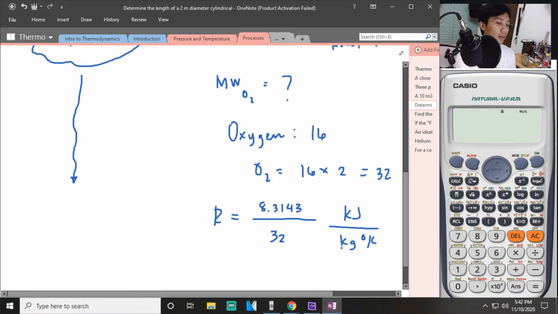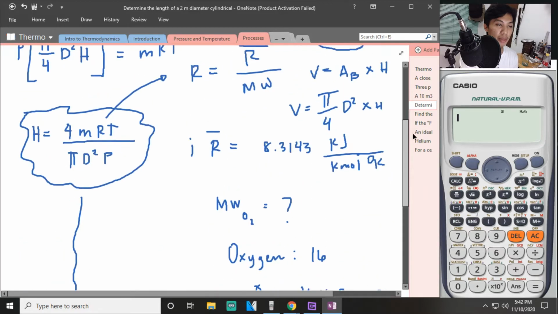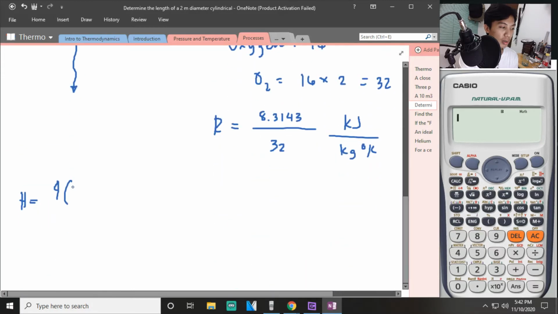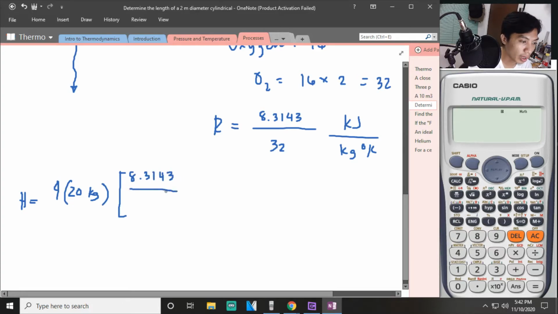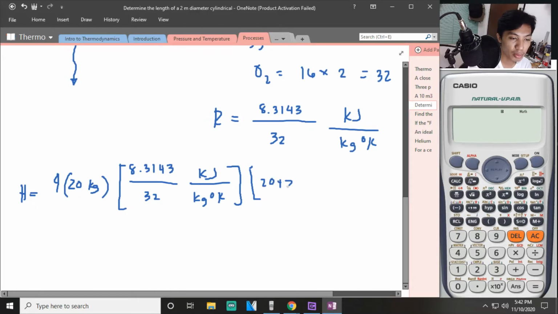Idiretso mo na kagad. Ganito. So, ito na yan ha. H is equal to 4. Ano ba yung M mo? Maximum 20 kilograms. MR. Ang R mo is 8.3143 over 32 kilojoule per kilogram degree Kelvin. Ang temperature mo naman is 20 degrees Celsius. 20 plus 273 degree Kelvin ang labas niyan.